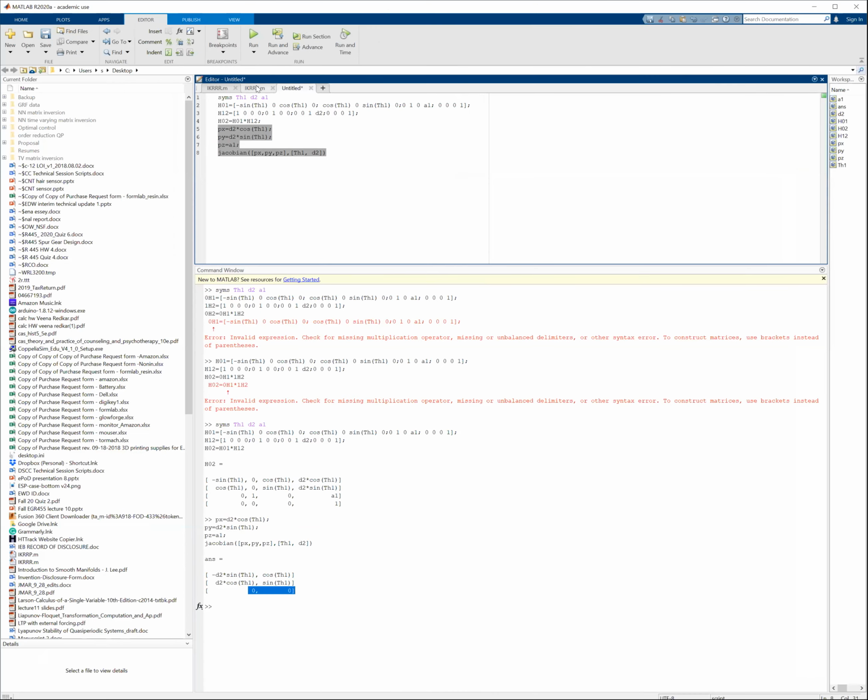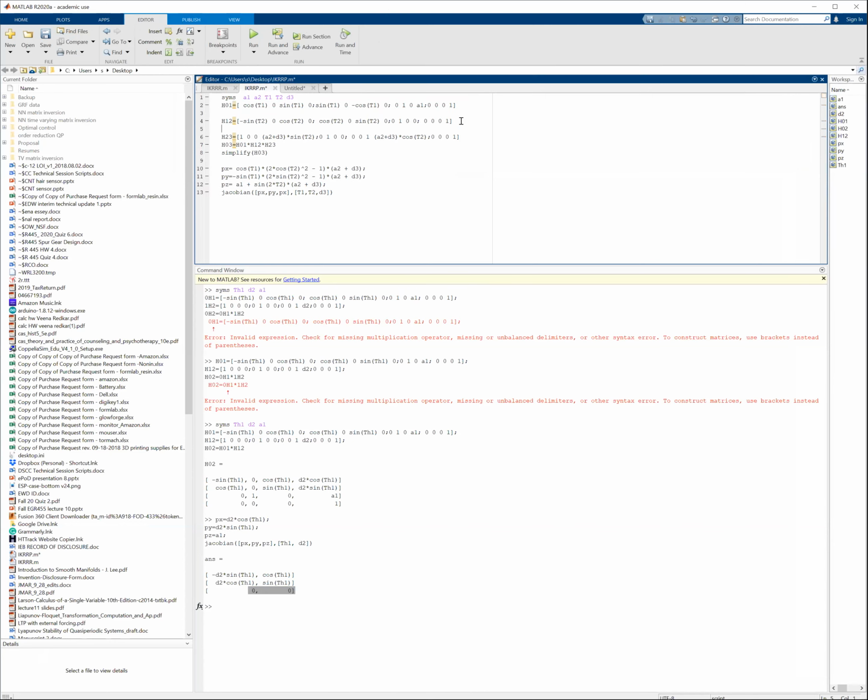Okay, so this is what we did for the inverse kinematics. My first, H01, was shown over here. This is the H01 that we found. H12 is this guy that we found.